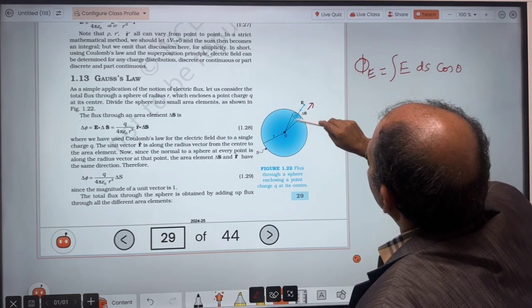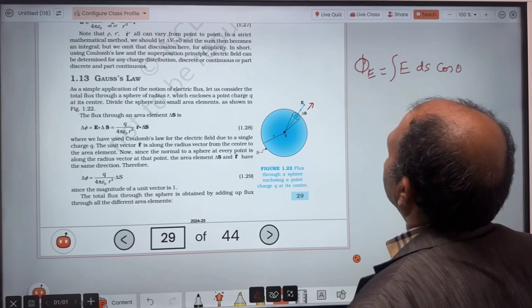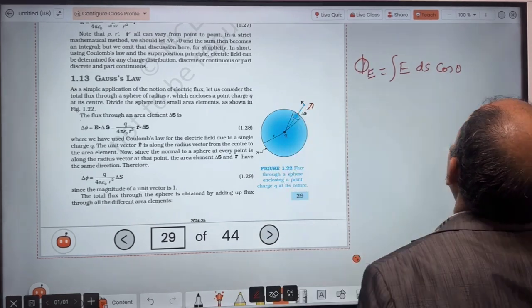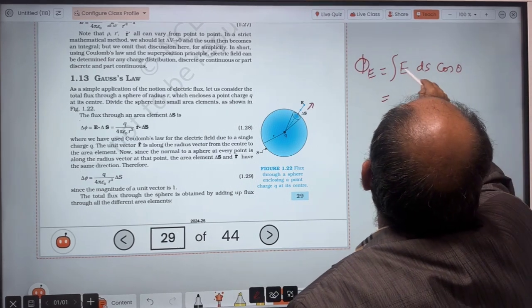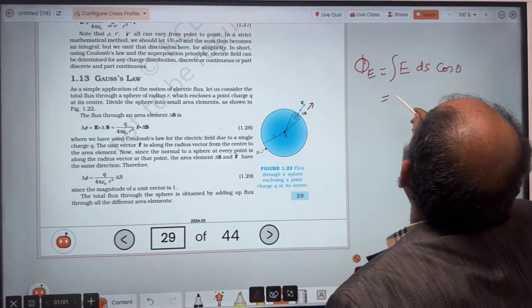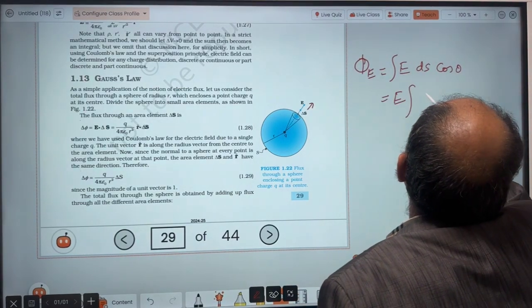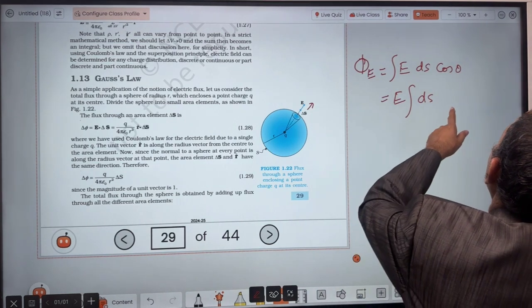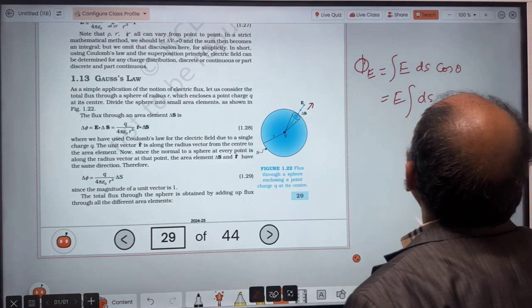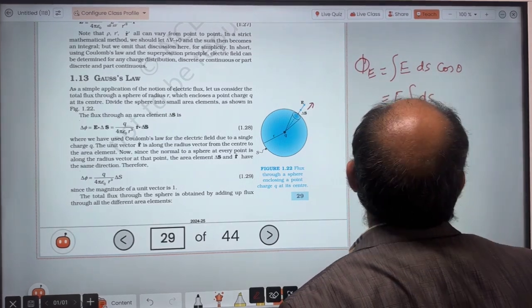Here the direction of the area vector is this, and the direction of the electric field is the same, so theta will be 0 degrees. So here we can take E outside and we just write integration ds, and this is cos 0 degree. What does integration ds indicate?